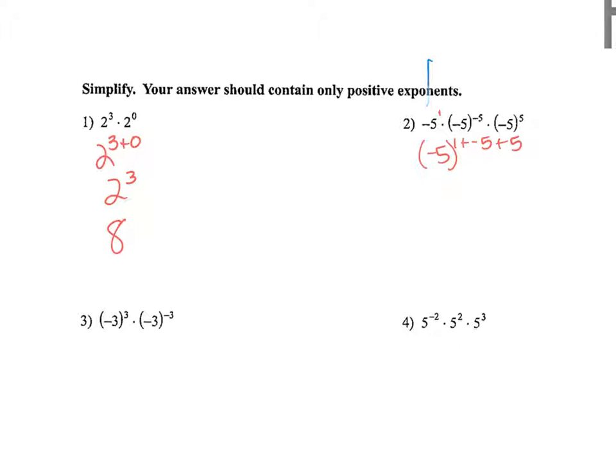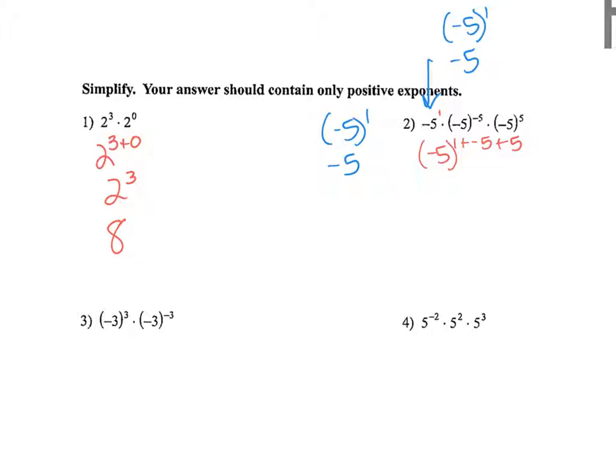Real quick, this right here is negative 5 to the first, the same as just plain old negative 5. Are those the same things? Oh, you can't see it. Is negative 5 to the first the same as negative 5? Are those two things the same? Yes, they are, because they're both to the first power. I don't have to put a parentheses, or I can.